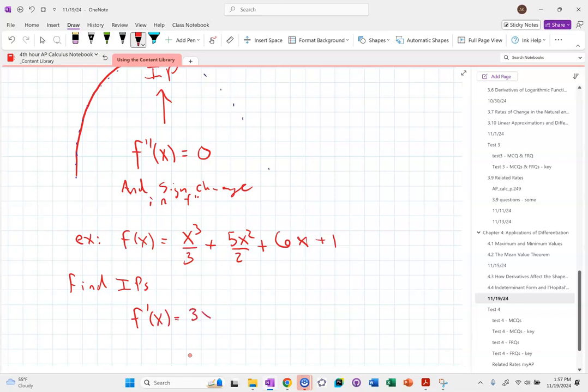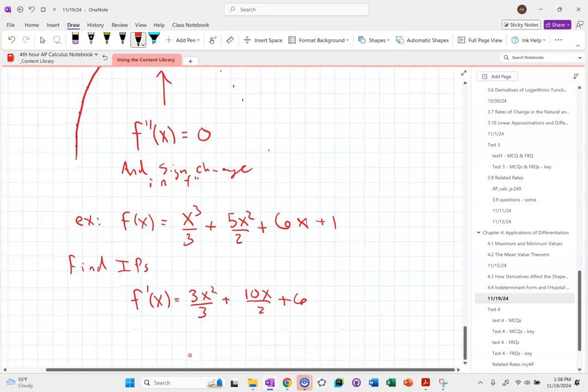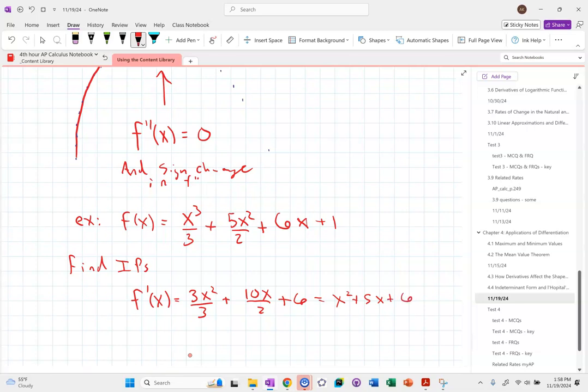That would be 3x squared over 3 plus 10x over 2 plus 6, or just x squared plus 5x plus 6. And then we'll find the second derivative, which will be 2x plus 5.